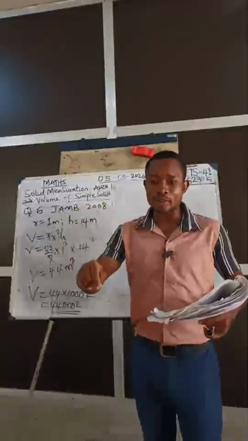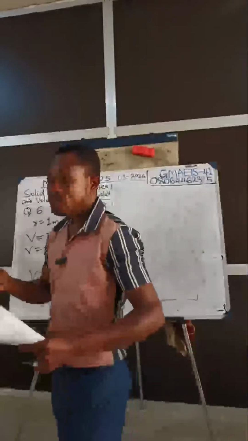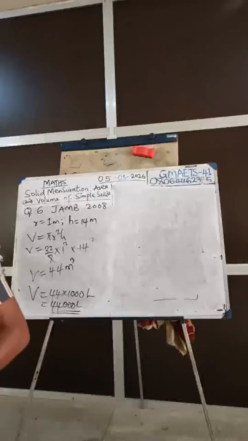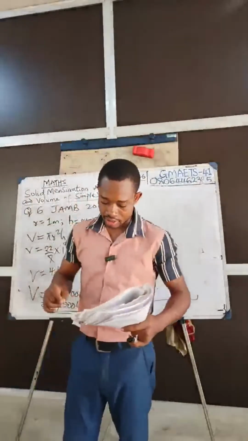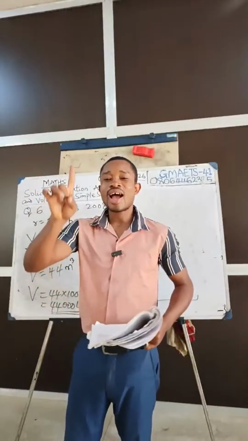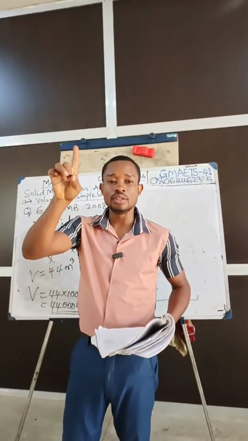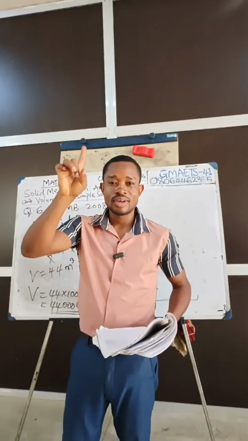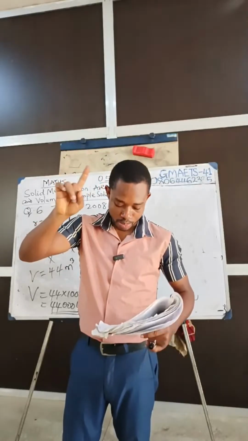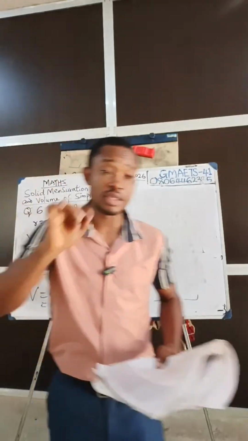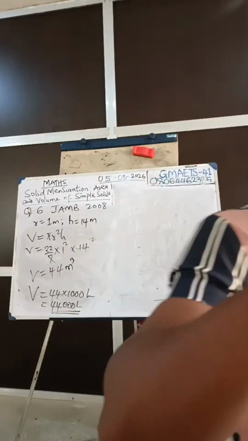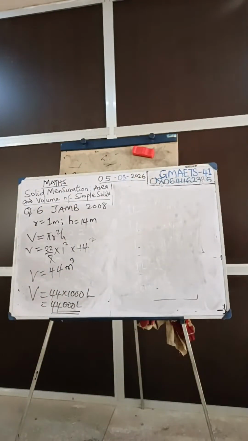A cylindrical pipe 50 meter long with radius 7 meter has one end open. What is the total surface area of the pipe?